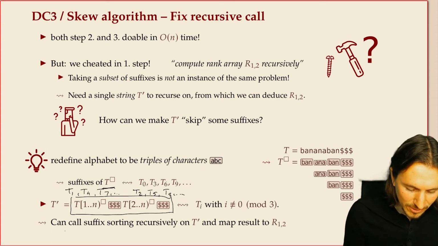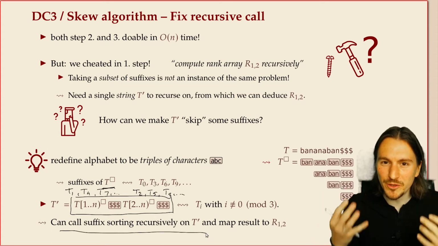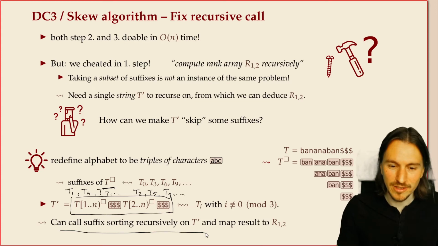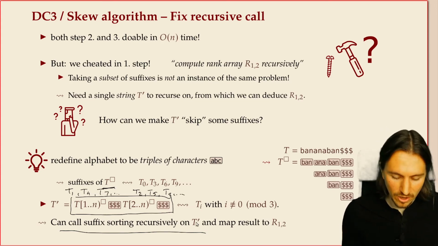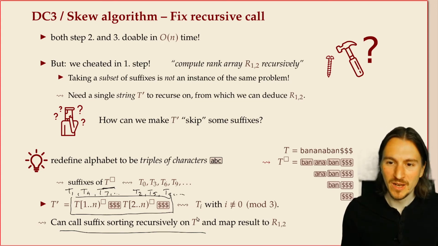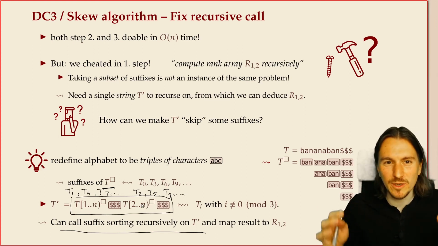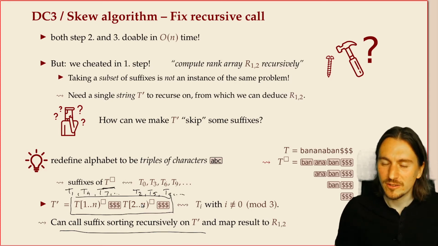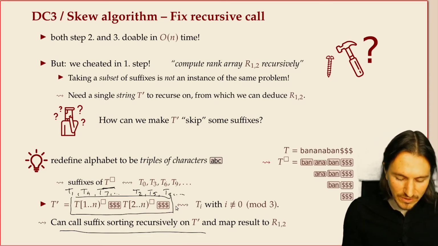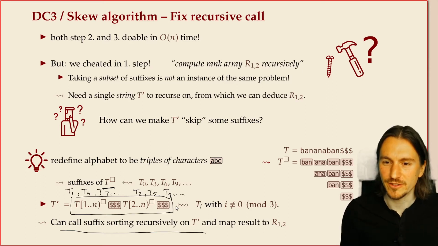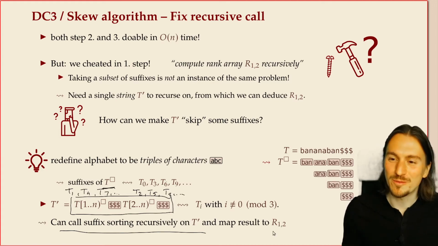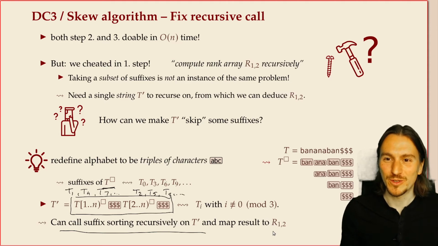Okay, so we recursively compute the suffix array, the inverse suffix array, rank array, and leaf array on this T prime. And if you check, the math works out. We took 2 copies of T, but we grouped triples of characters. So that still has roughly 2/3 n characters now. So it's the same reduction in the input size. And now the problem fits the original description, and we can recursively call the very same algorithm on this.